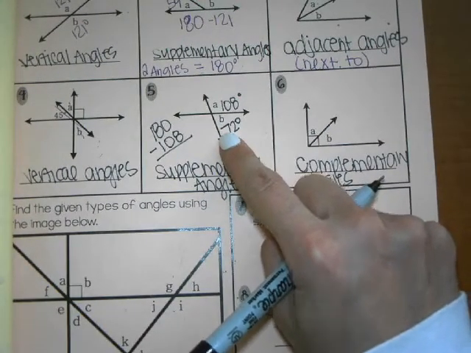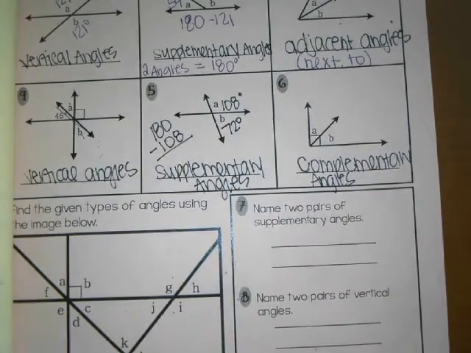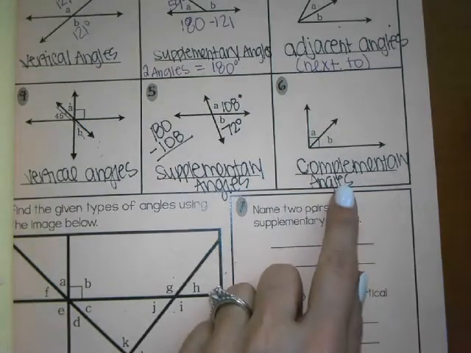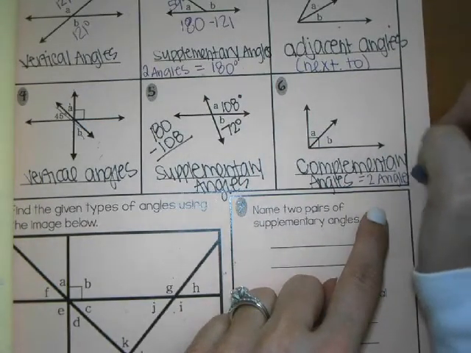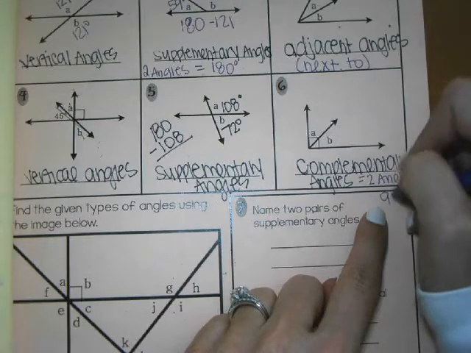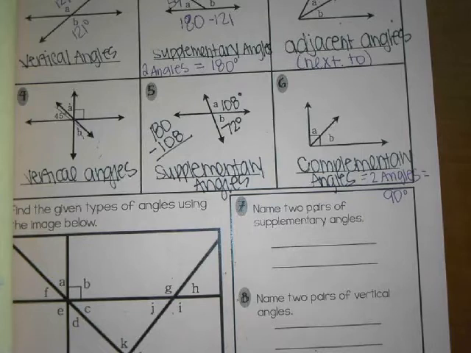It's just specifically supplementary. It's just specifically complementary. Does that make sense? So, complementary angles are 2 angles that equal 90 degrees. Supplementary is 2 angles that add together to equal 180 degrees. Complementary is 2 angles that add together to equal 90 degrees.